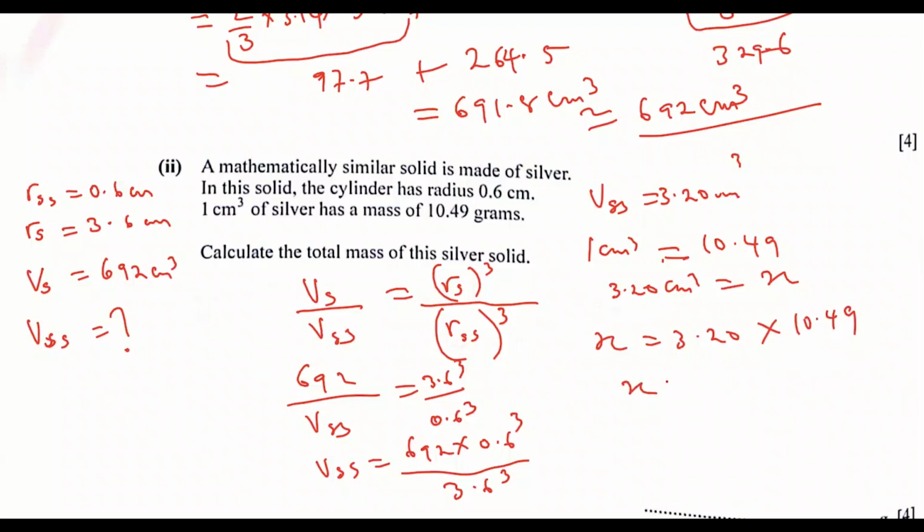So x will be equal to 33.6 grams. That will be the total mass of the silver solid. So we have it to be 33.6 grams. Let's go to the next part, that is part B.